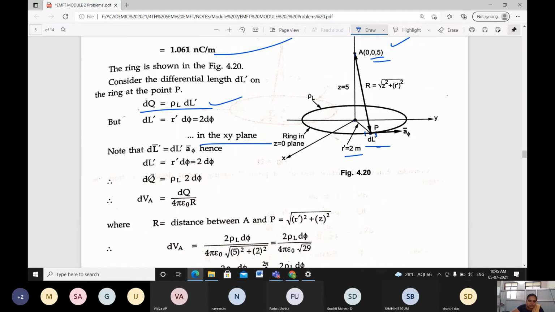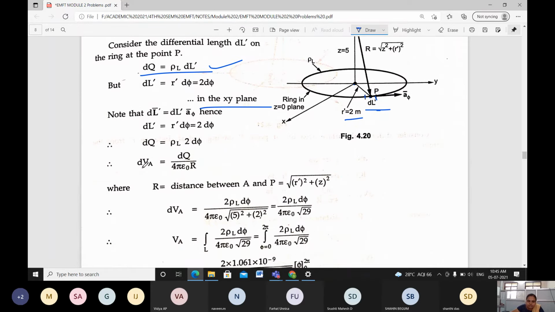Then what is our dq going to be? Instead of dl, I can write here rho L into 2 into d phi. Then what is the differential in terms of potential? That is going to be equal to differential of q, that is the charge, divided by 4 pi epsilon naught into r. What is the r? We already know, that is the distance between points A and P, which is equal to square root of r dash square plus z square.